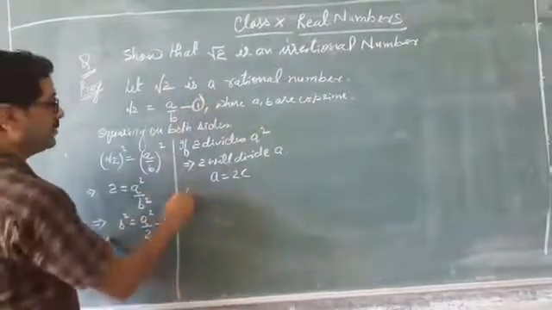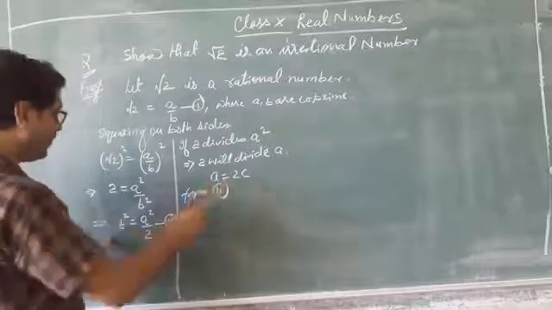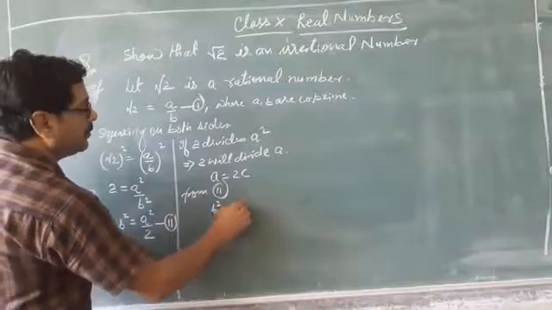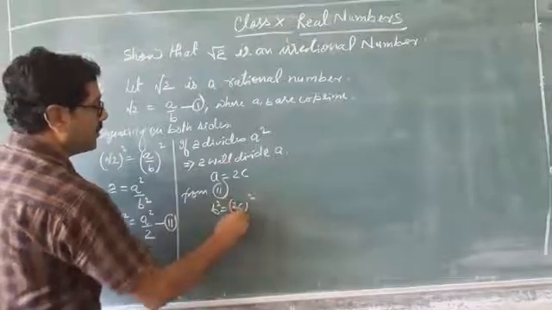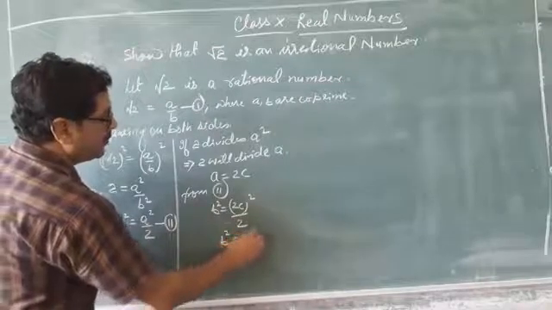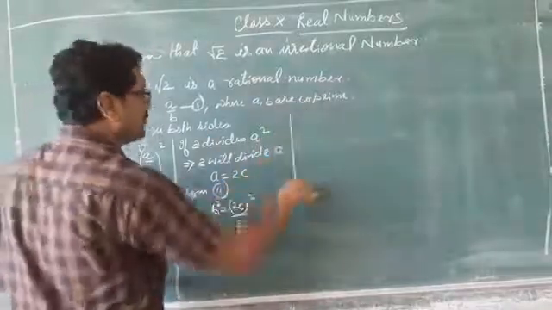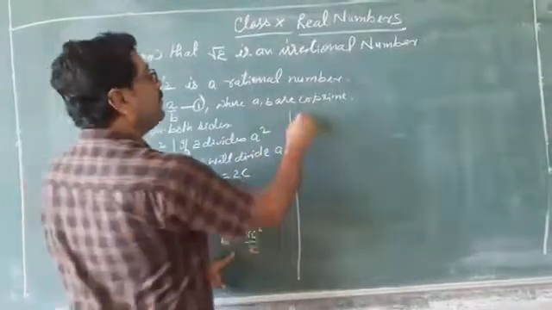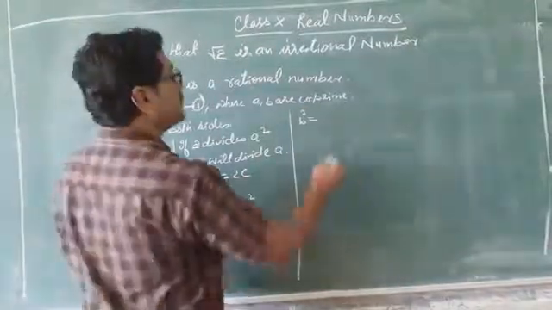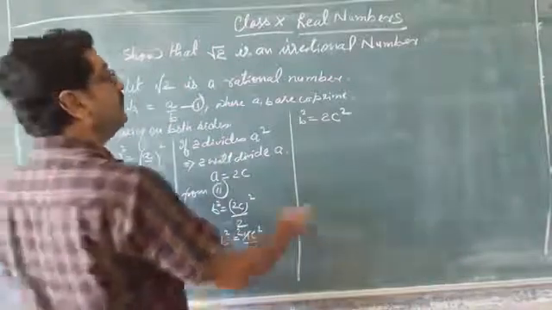In the first equation we put a is equal to 2c, so b squared is equal to 2c squared by 2. This is b squared is equal to 4c squared by 2. The 2 cancels, so b squared is equal to twice c squared.